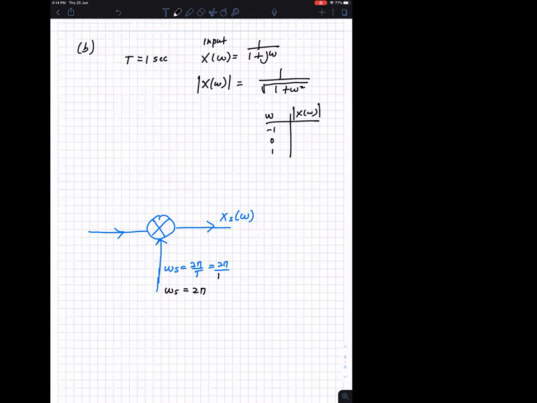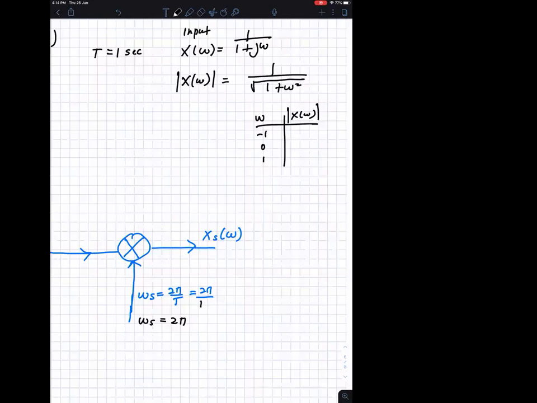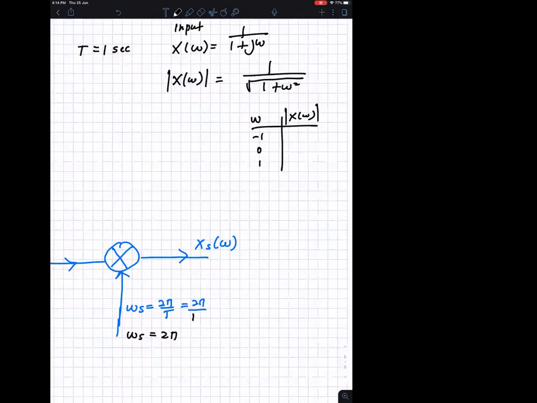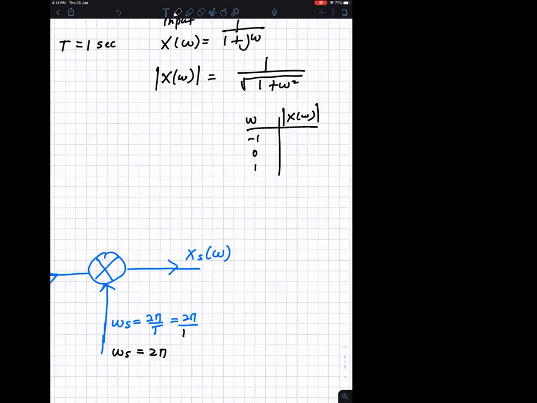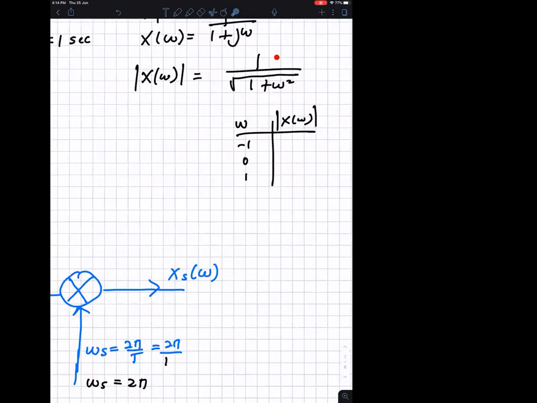When omega is minus 1, because of this square here, this function will never go to 0, right? Even if you put a plus or minus 1, it will be squared and you're going to get 1.